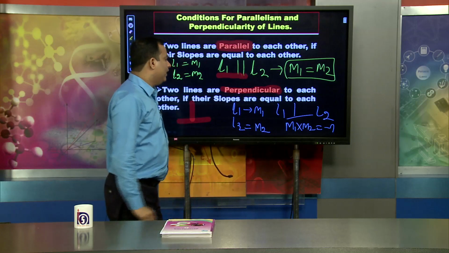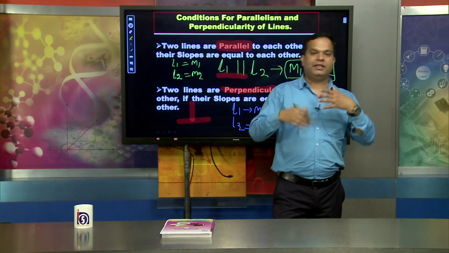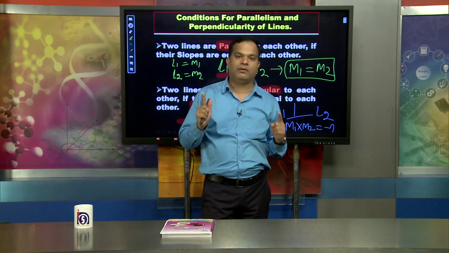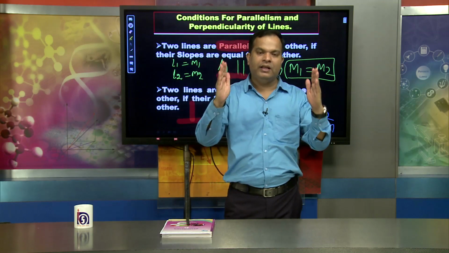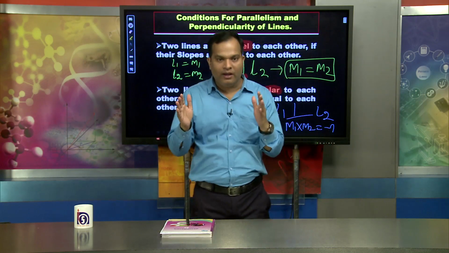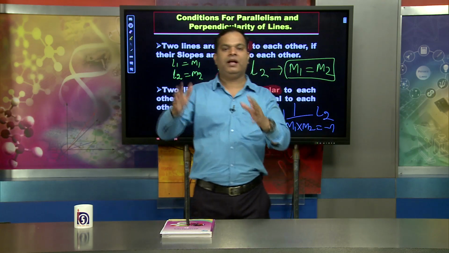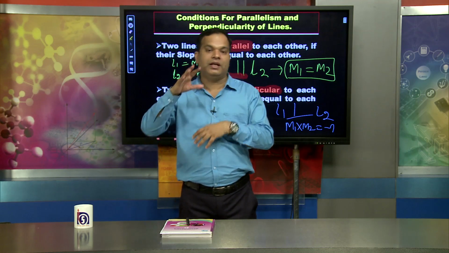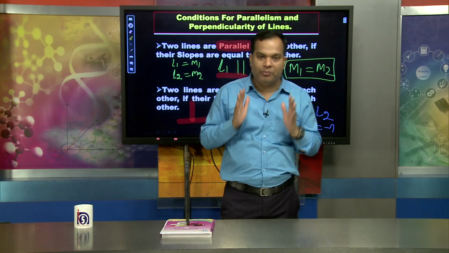That means when two slopes are multiplied and the result is minus 1, then we can say the two lines are perpendicular. Very simple: two lines are parallel if their slopes are equal, and perpendicular if the product of the corresponding slopes is minus 1.